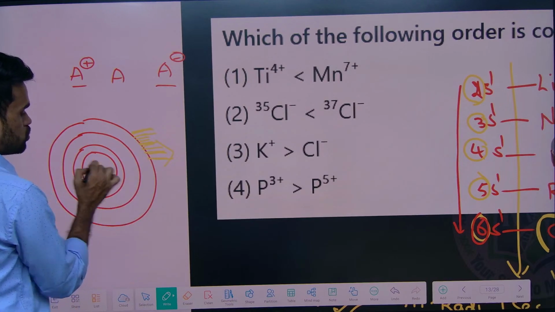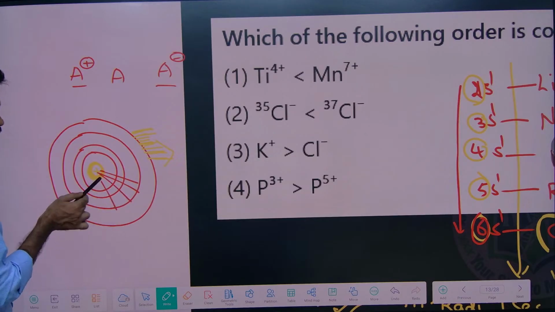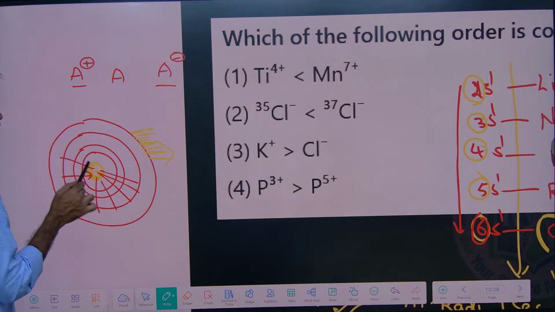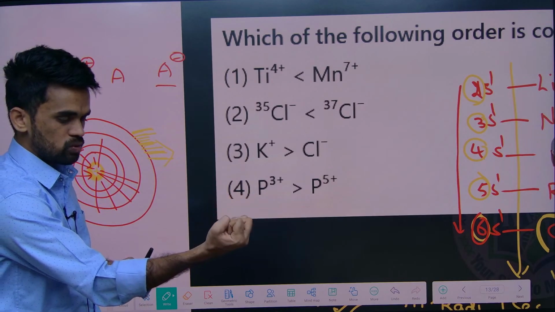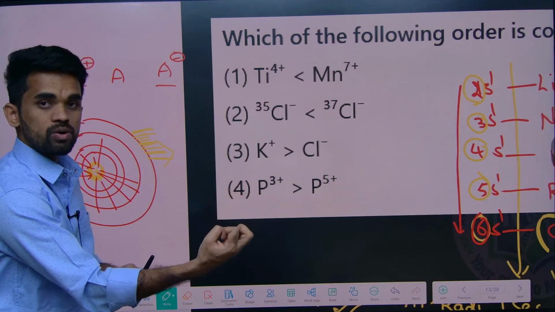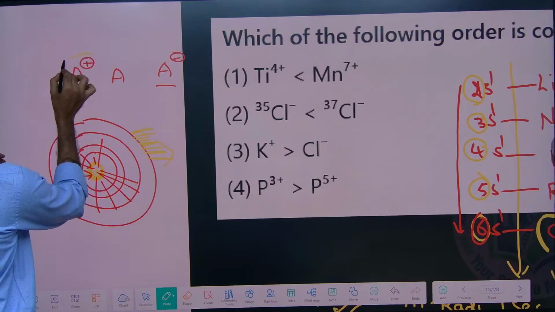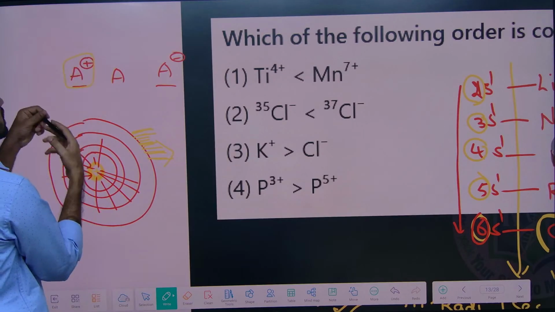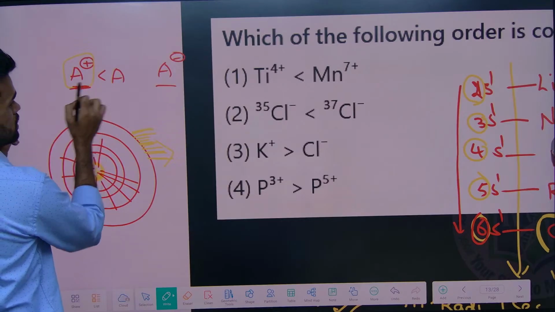So these positive charges will strongly attract the remaining electrons. Therefore the electron cloud will be compacted and the size decreases. That's why always remember, cation size is smaller than the atom.